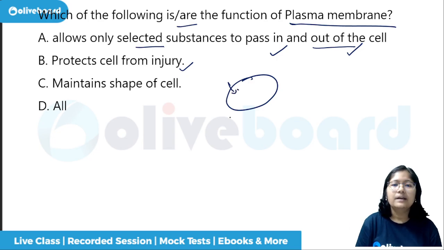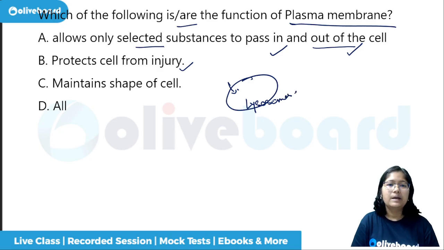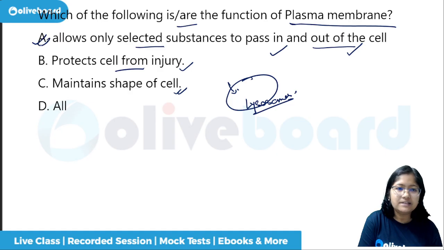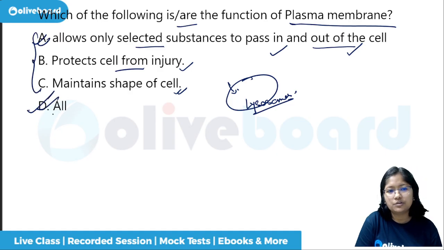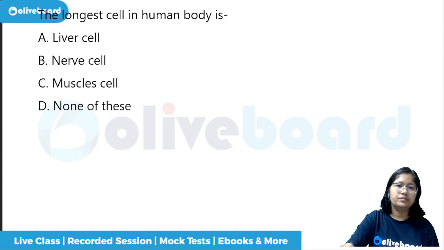If bacteria still come in, you have the lysosomes, which will kill them. But otherwise the membrane is protecting, no? So that is also correct. And it maintains the shape of the cell. Though A definitely is correct, since you have the option of all of the above, we will tick option D, that all of these are functions of the plasma membrane.